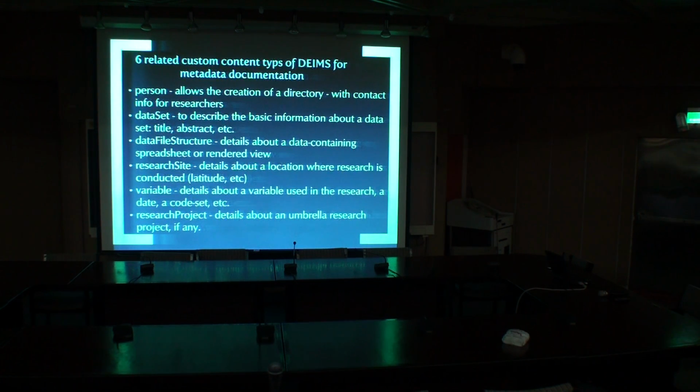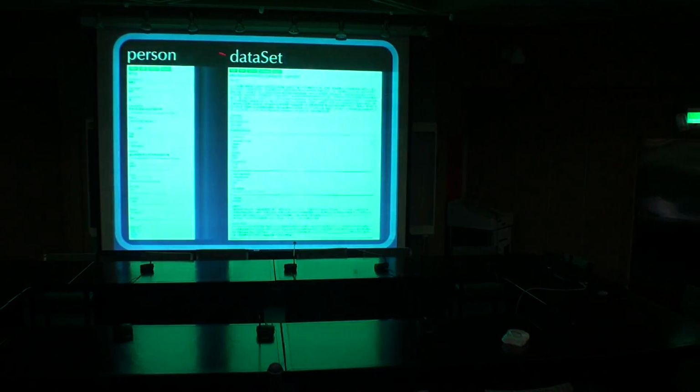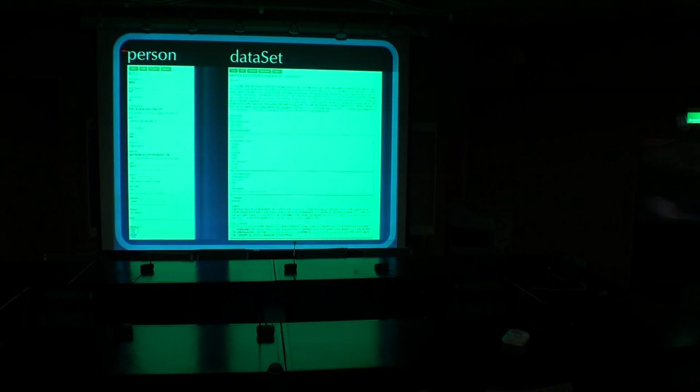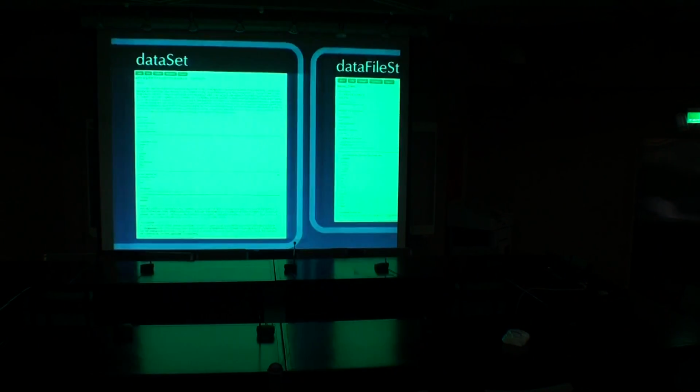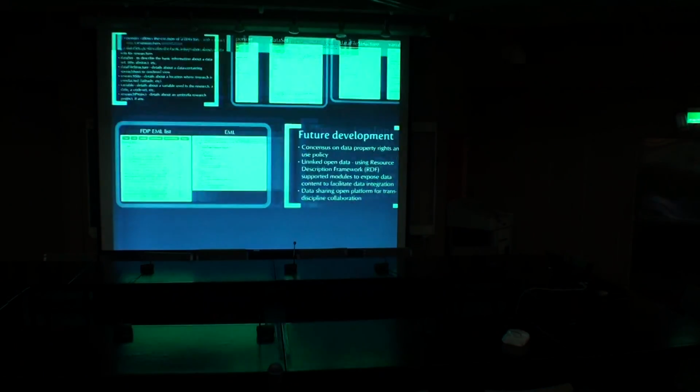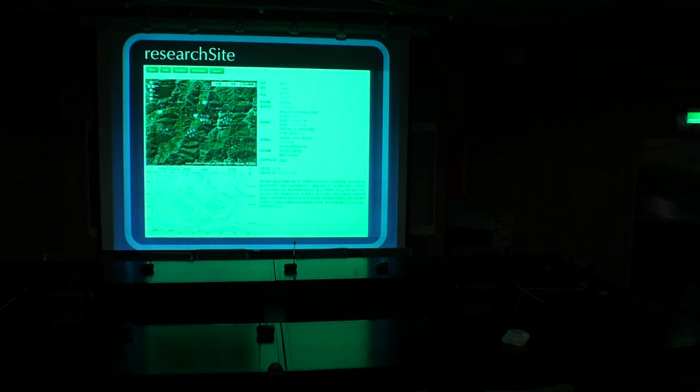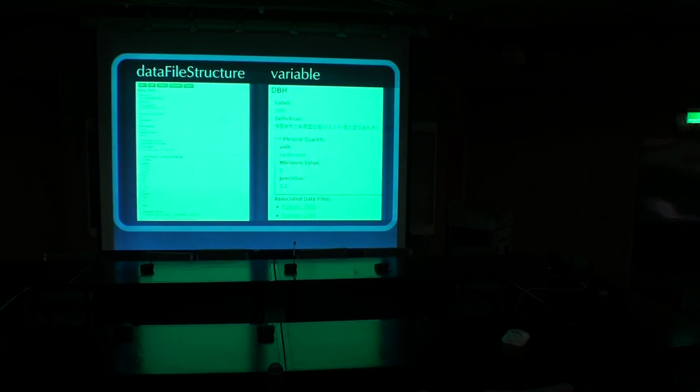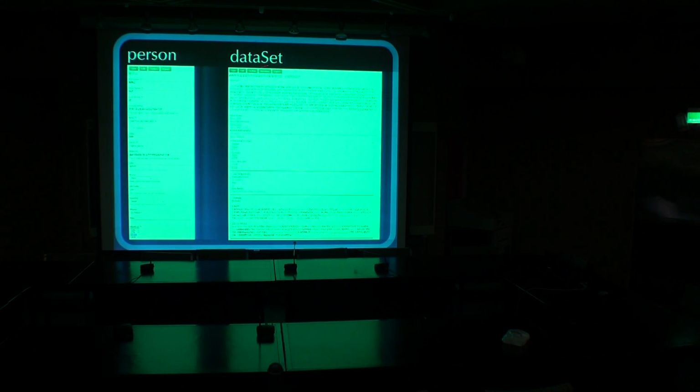And the research project describes the information about a large project, if this census was under a big project. So you can see, using these custom content types, we have the researchers' information and data set information, which is all the metadata about the data set.